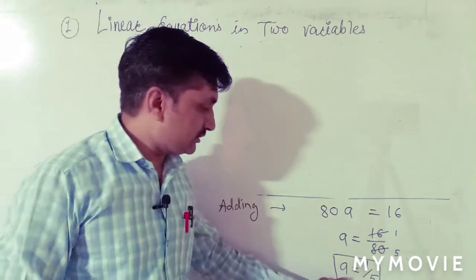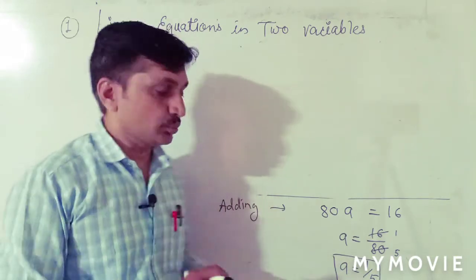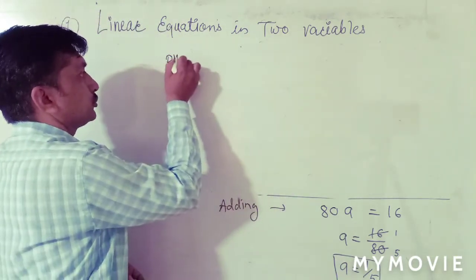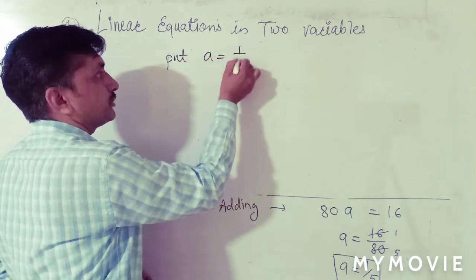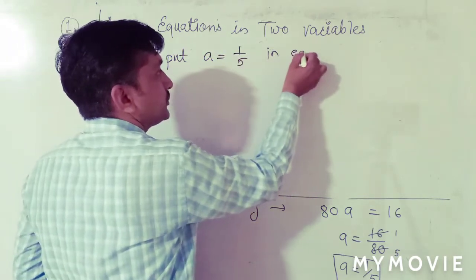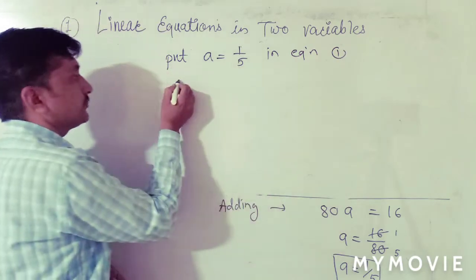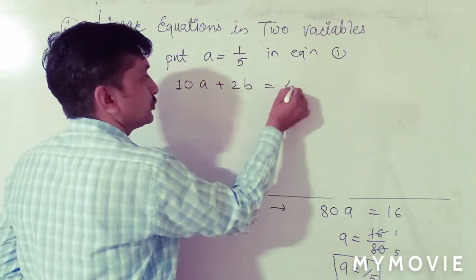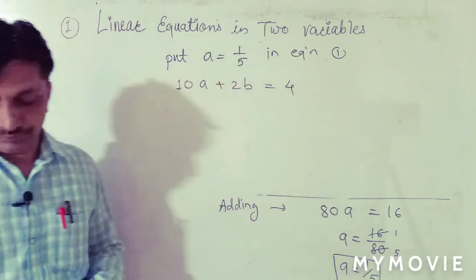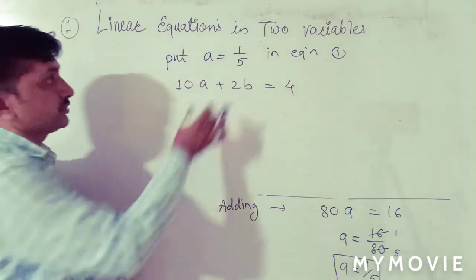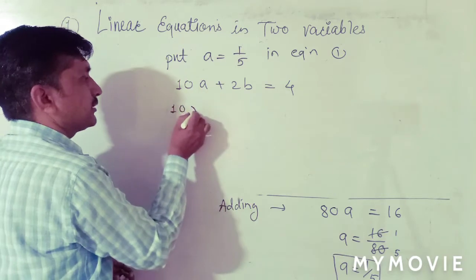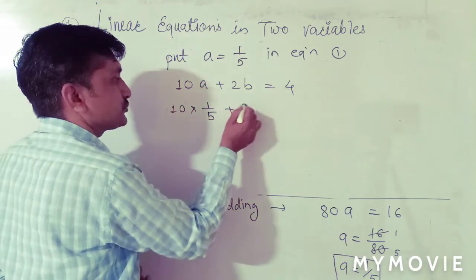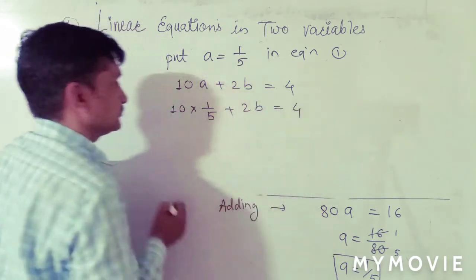To find the value of b, put this value in equation 1. Put a is equal to 1 upon 5 in equation 1, which is 10a plus 2b is equal to 4. Now 10 multiplied by 1 upon 5 plus 2b is equal to 4.